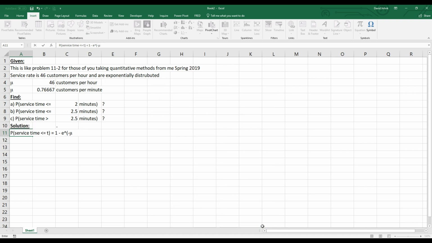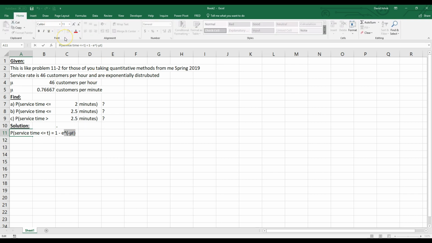Times T. Now, another way we could do it, instead of doing this with a caret, we could highlight this, and go to the Home tab. Let me do that. Control-Shift-F. I guess it won't let me take that to an exponent. Maybe that's interesting.